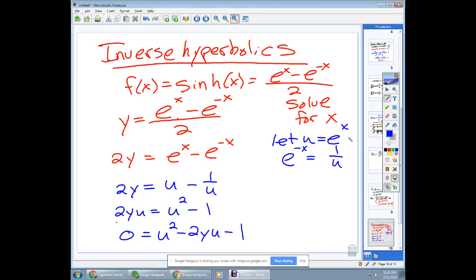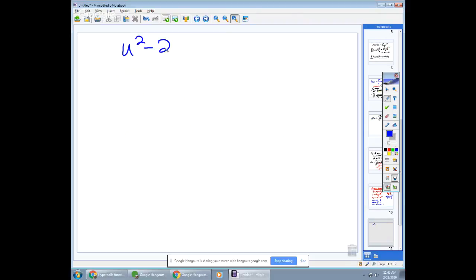Okay, quadratic formula. So I currently have u squared minus 2yu minus 1 equals 0. So in the quadratic formula, a is 1, b is negative 2y, and c is negative 1, where u is the variable I'm solving for.